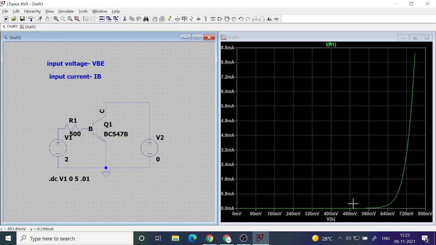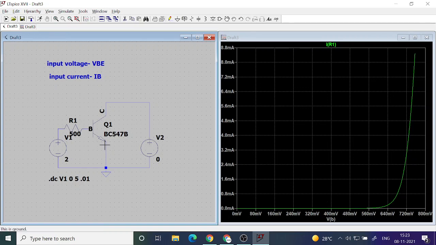So this is called the input characteristics of the BJT, NPN transistor. Output voltage is kept constant at 0 in this case, and then we vary the input voltage and note down the corresponding variation of the input current. This is called input characteristics in common emitter configuration.